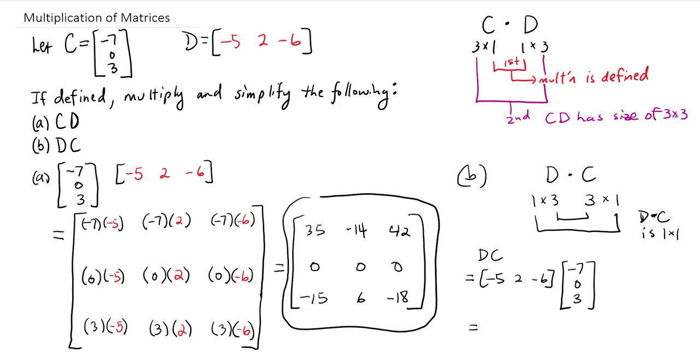It'll simply be negative 5 times negative 7, add 2 times 0, add negative 6 times 3. Simplifying that, we get 35 minus 18, so 17.